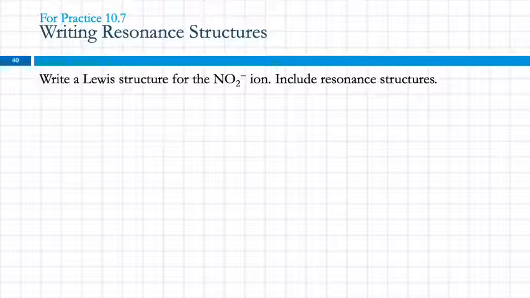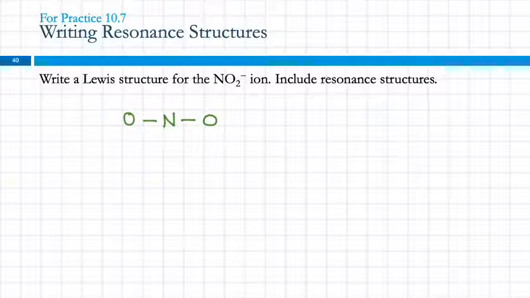Yeah, probably nitrogen in the middle and an oxygen on each side. Now, there's a couple of reasons I would start that way. One is it's symmetrical. And 2, it puts the more electronegative elements on the outside and the less electronegative on the inside. And that's how things usually work out. So we're going to go with that.